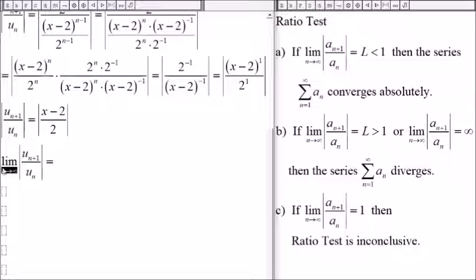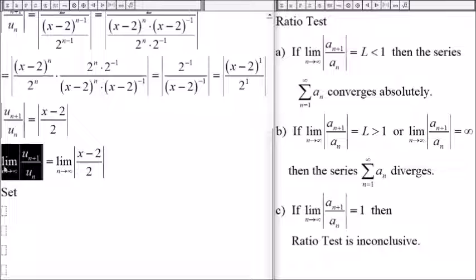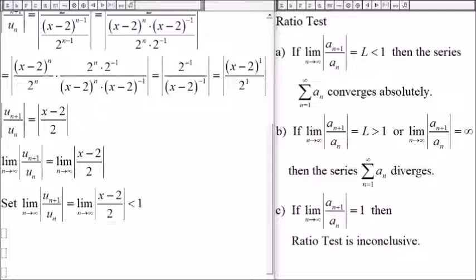So the limit. Since we're looking for all the x values for which the power series converges, we will set this right here to be less than 1.